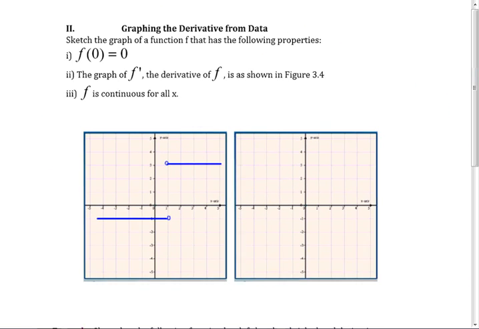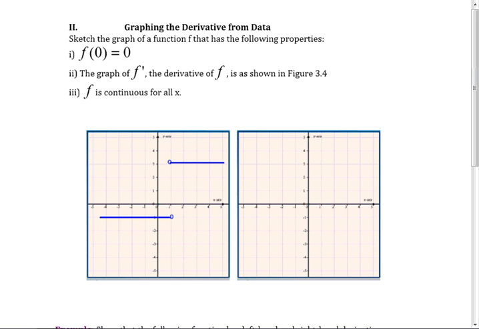Now we are given some information, and that's not the right title, but we're given the derivative graph, and we're going to try to graph the function. And don't do what I did in my first class. I forgot to read everything.